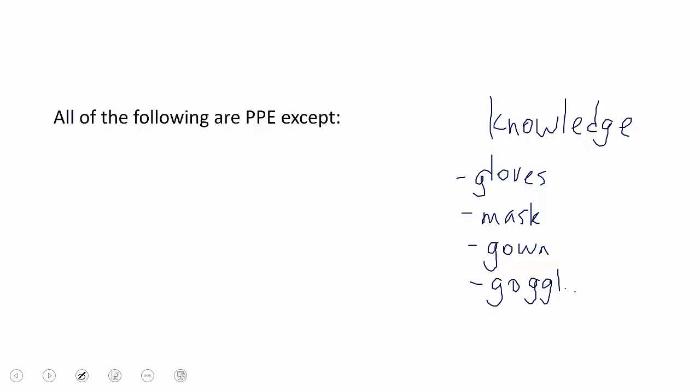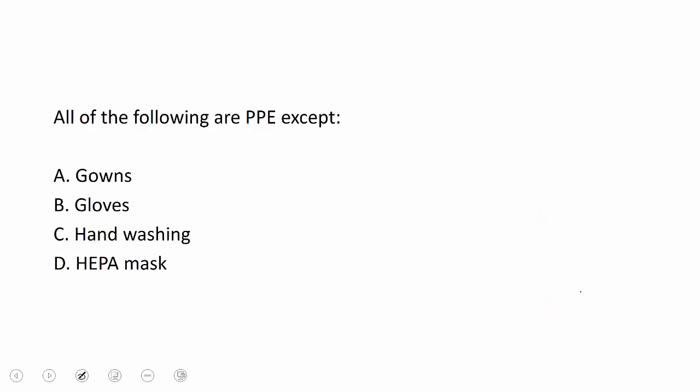Those are the main ones you would use in a call. So now that I have that in mind, I'm going to be looking for an answer choice that isn't one of these. All right, and my choices are gowns, gloves, hand washing, and HEPA mask. All right, well, gowns, gloves, and a mask are all examples of PPE, so then hand washing is the correct answer here. It is not a form of PPE.